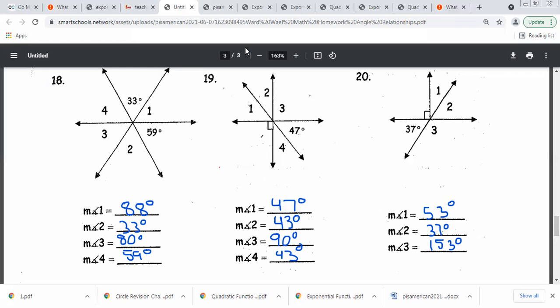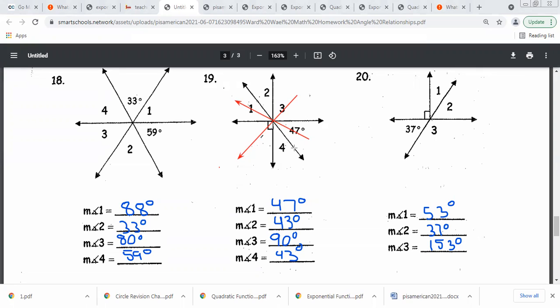Don't forget that we have vertical angles. Then if I want angle 3, and this one should be equal 90 degrees, 47 and angle 1 should be vertical angles, equal to each other.